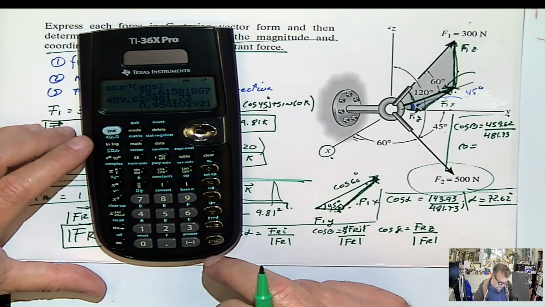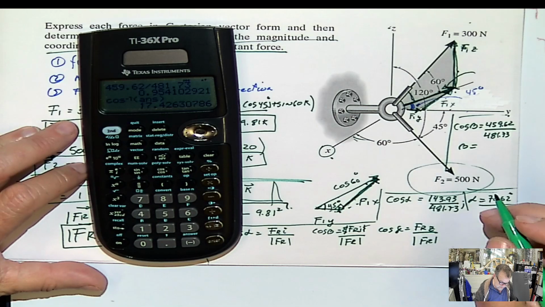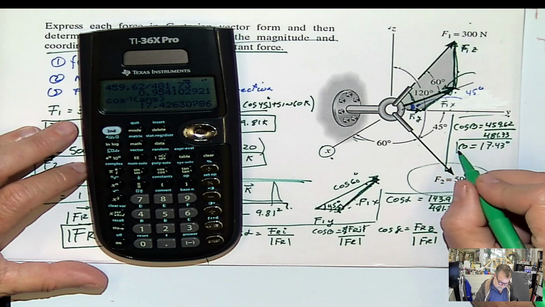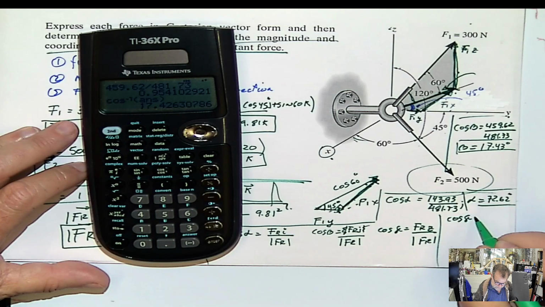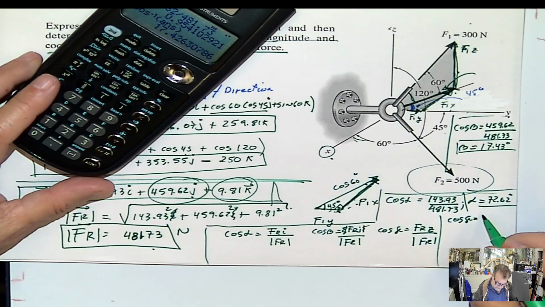That's the cosine of the angle, and the inverse cosine will be 17.43. That's beta.